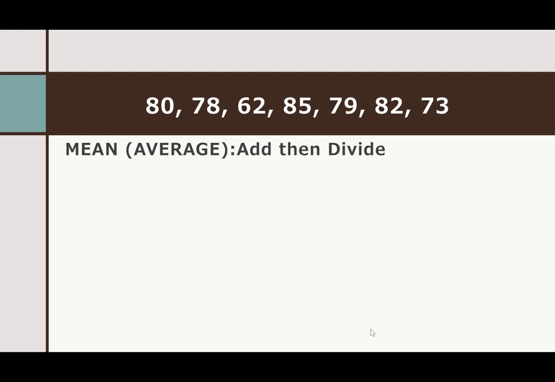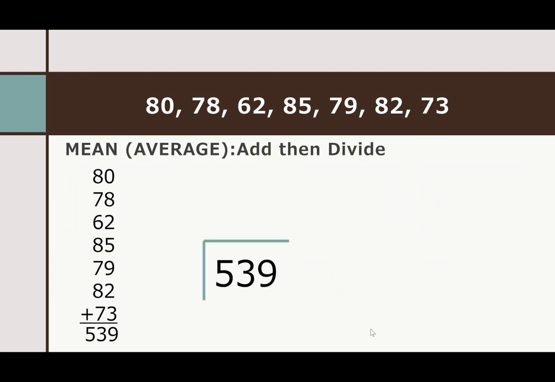Here we have our data set. To find the mean, we're going to add and then we're going to divide. What do we add? We add all these numbers together. We're going to add up all the numbers in the data set and get a total of 539. Then we're going to take 539 and divide it by the number of grades in our data set.